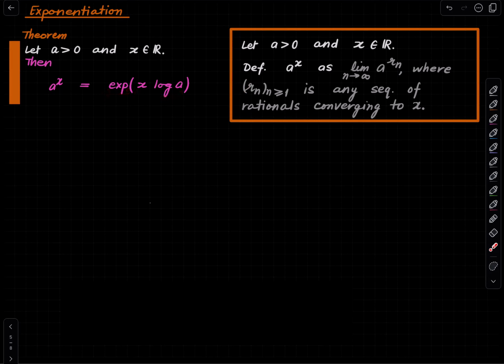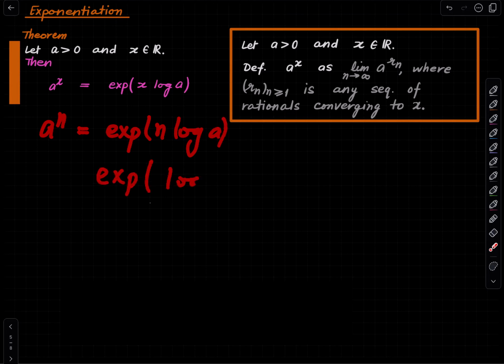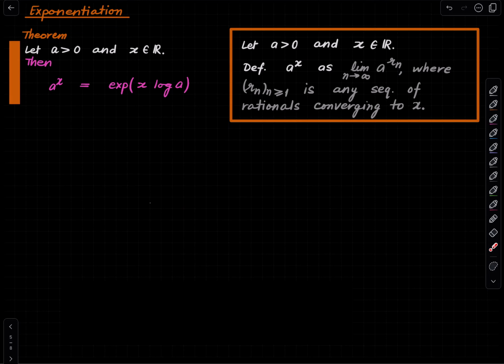Note that once we prove this theorem, we see that a to the power n, where n is a natural number, is exp of n log a, but n log a is log a to the power n, which is equal to a to the power n because exp and log are inverses of each other. What I meant was the following. When I wrote a to the power n, I meant under this definition.